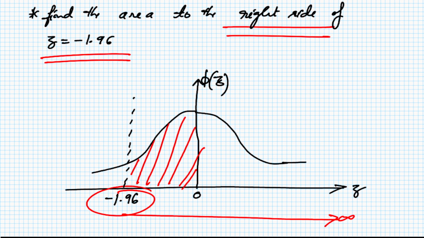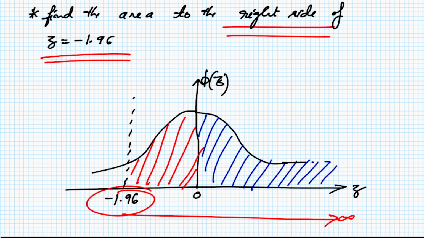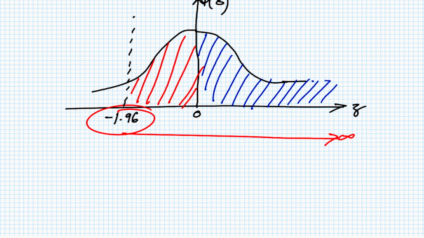But we already know the area of the right side from 0 to infinity. It's a standard value. It is 50% of my total curve. Total curve is 1, so half of that is 0.5. So your answer should be very straightforward.